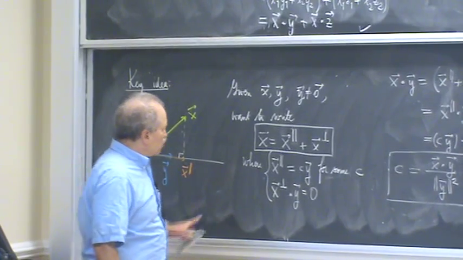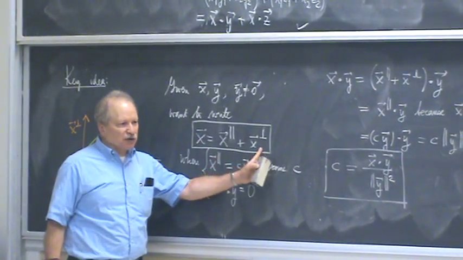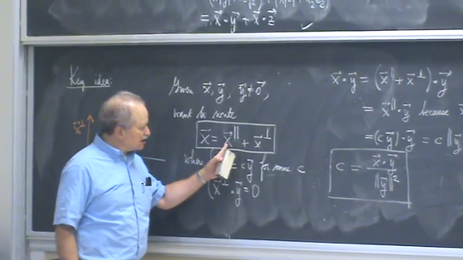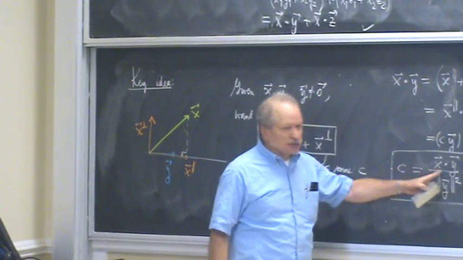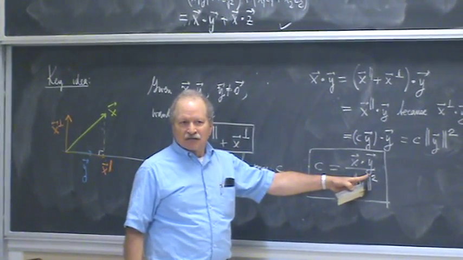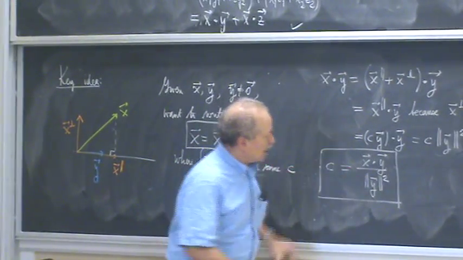So we have now shown that if you're going to split x into a piece parallel to y and a piece perpendicular, the piece that's parallel to y is given by this scalar multiple of y. Right? x parallel is this scalar times y.